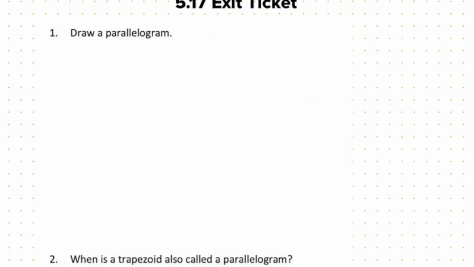Amazing job today. You have now made it to your exit ticket. Number 1, draw a parallelogram. Now, before I let you go and do this silent solo, please remember that I'm looking for your best work. Do not just draw a sloppy box.